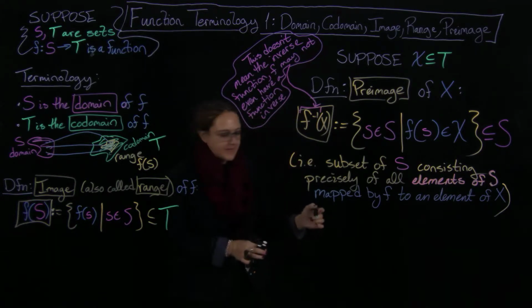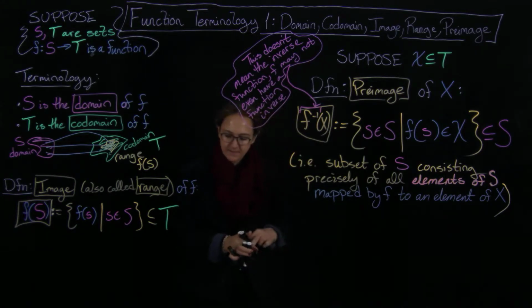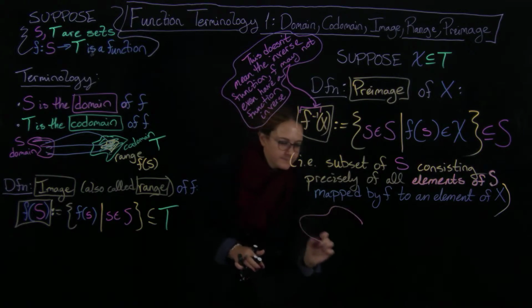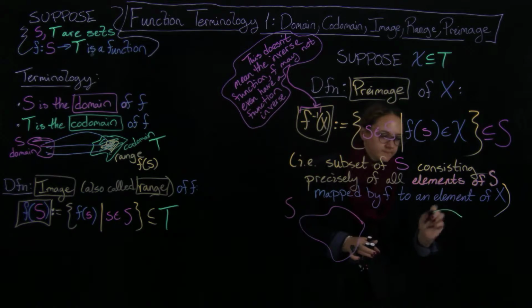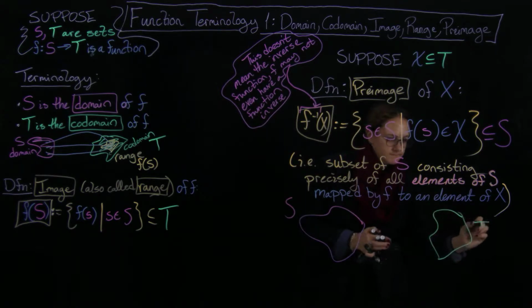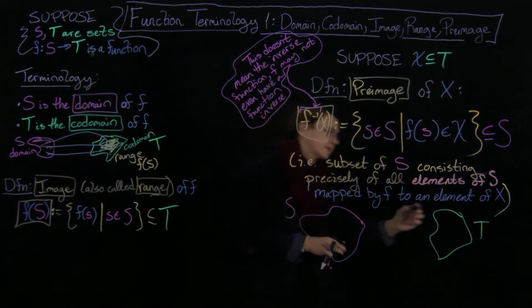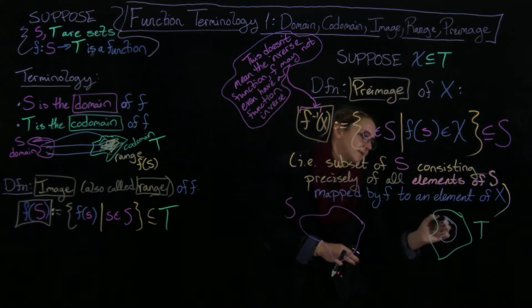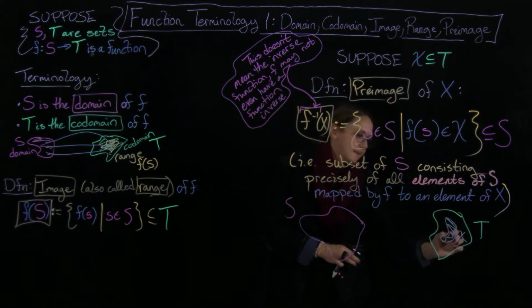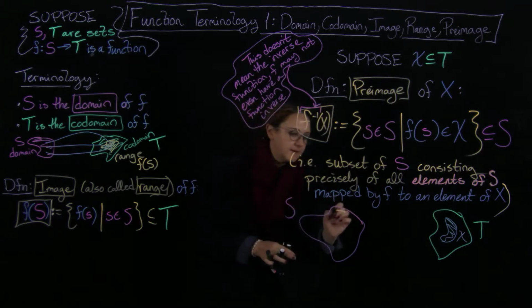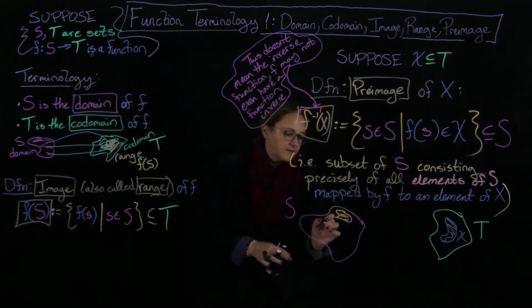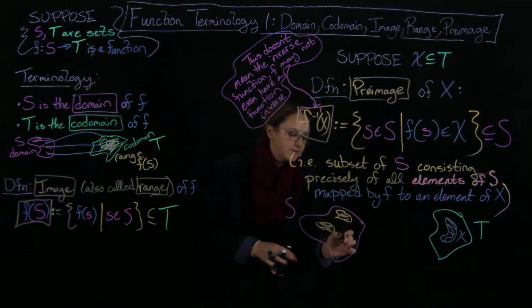Let's draw our picture here. I have S, I have T, and I have this X that's living inside of T, some subset living inside of here. Then I'm going to look at everything, maybe I have a piece over here, maybe a piece over here, maybe a piece over here.